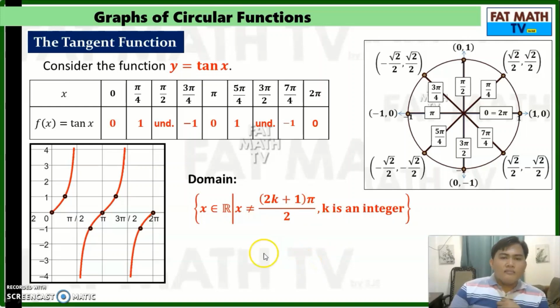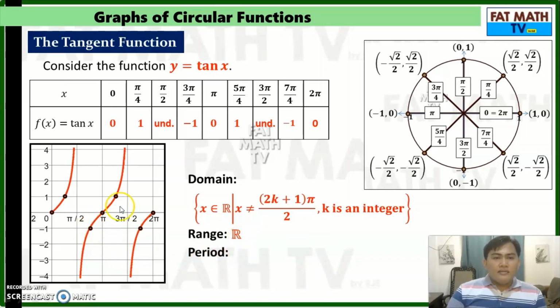So all real numbers can be in the domain except the odd multiples of pi over 2. For the range, as you can see, it can go down here and then it can go up there. So the range is the set of all real numbers, from negative infinity to positive infinity.